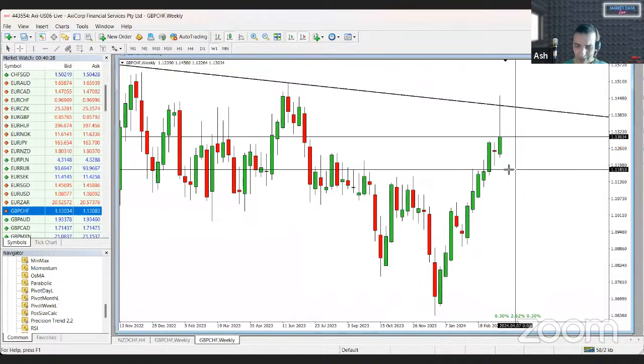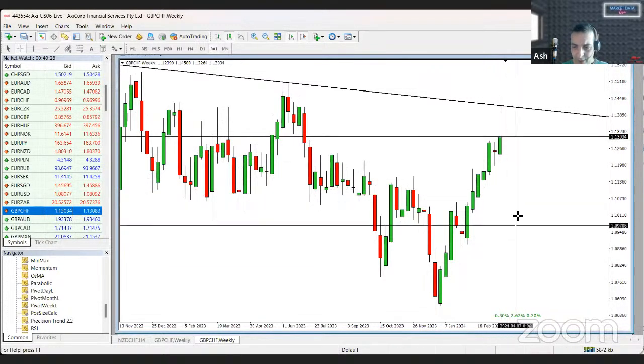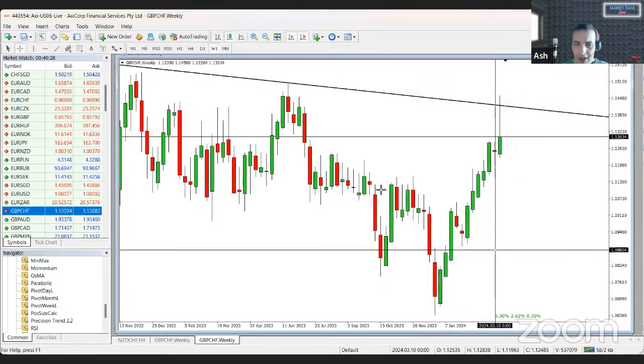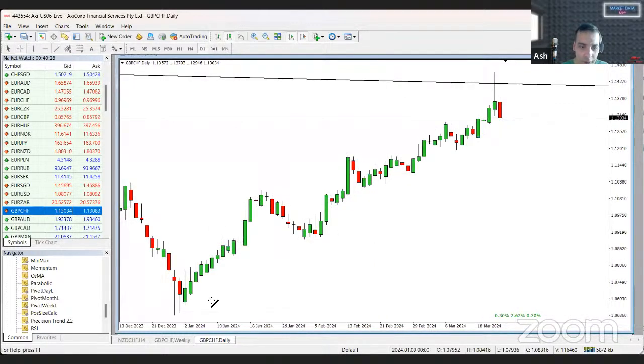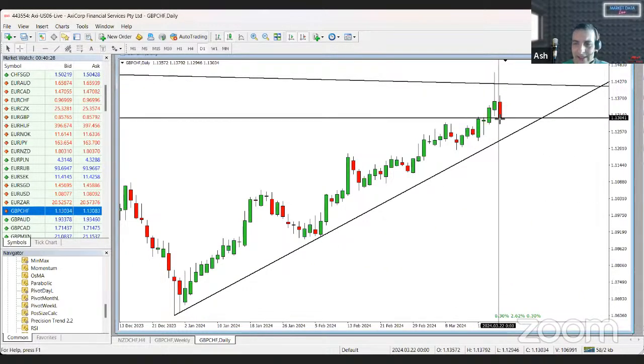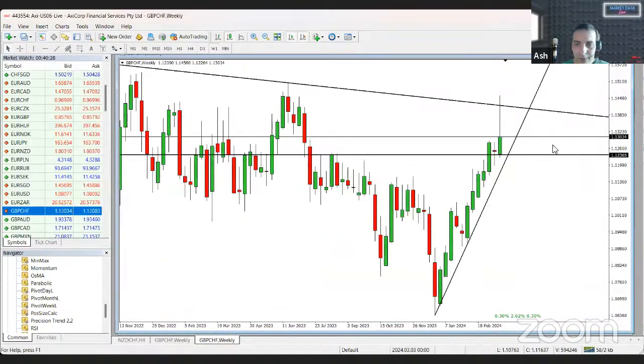I like the Aussie dollar because it's already at price. This one, it would have to come down a bit first. Not completely adverse to it, but let's have a look where that might need to come from. Yeah, that's too steep. If that comes down there, is there a horizontal level?